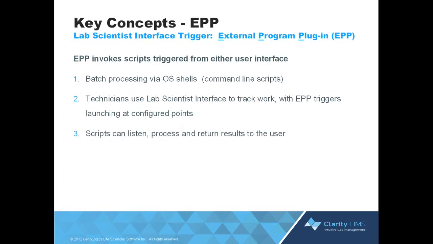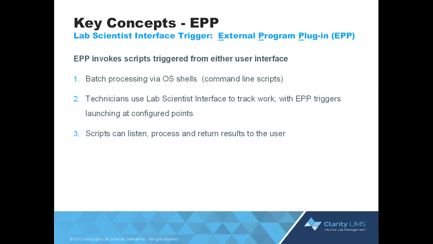In modules 5a and its appendix 5b, we'll spend quite a lot of time talking about something called the EPP, which we'll define here as the external program plugin. And really what this is, is a bridge between the LIMS interfaces that the lab scientists and other people are using, as well as external systems such as algorithms or programs or scripts that you have about your facility.